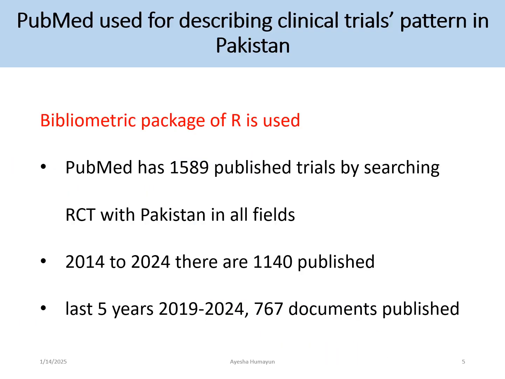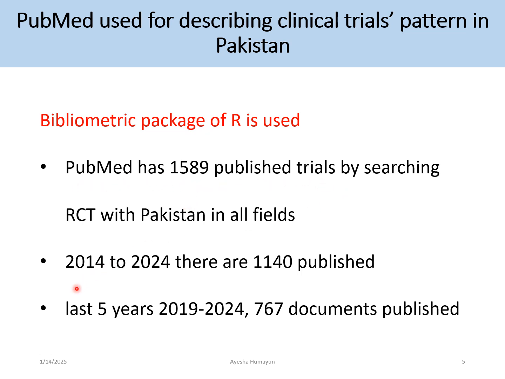Starting with the bibliometric analysis that I have done using PubMed, and the bibliometric package of R was used for this. The term used was RCT, randomized controlled trial, with Pakistan in all fields. By searching RCT on PubMed, I got 1589 published trials.